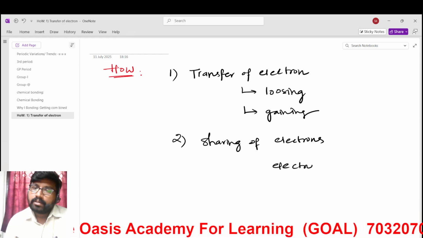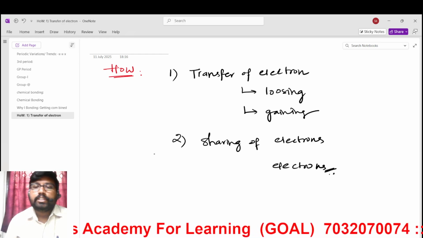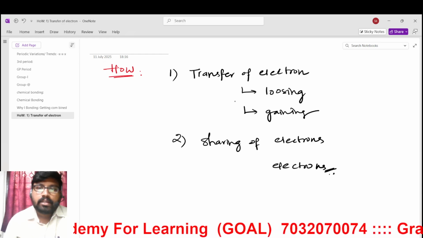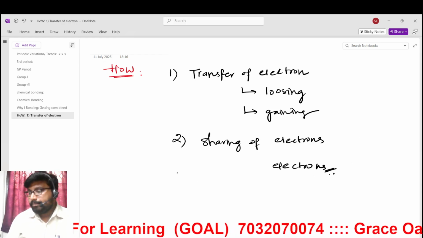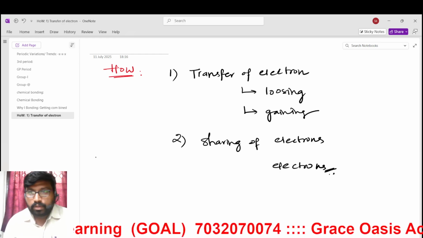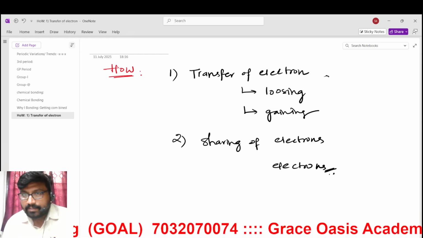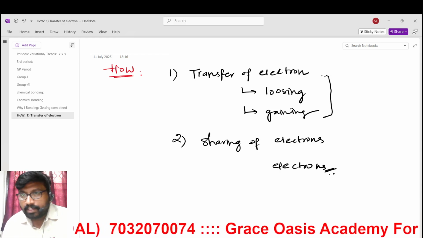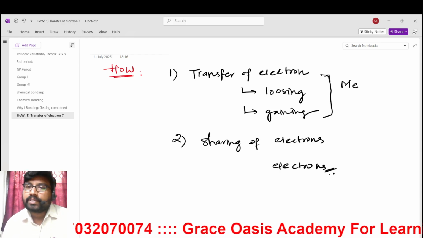So in these two ways we can make a bond. In transfer of electrons, metals will transfer.